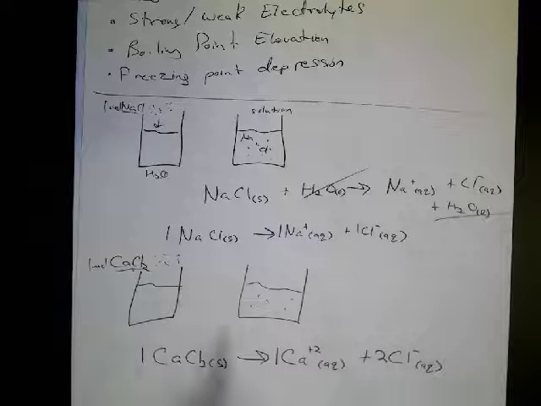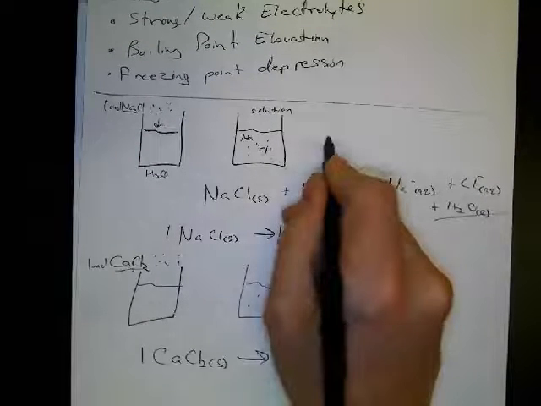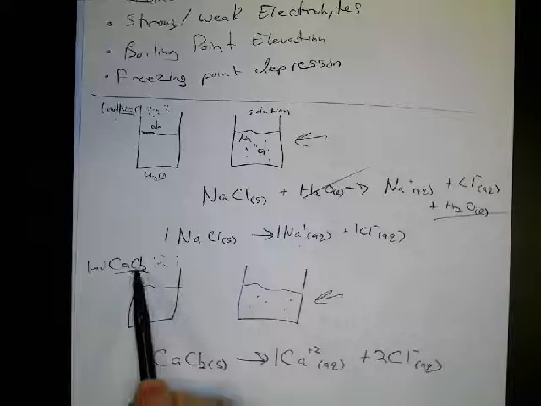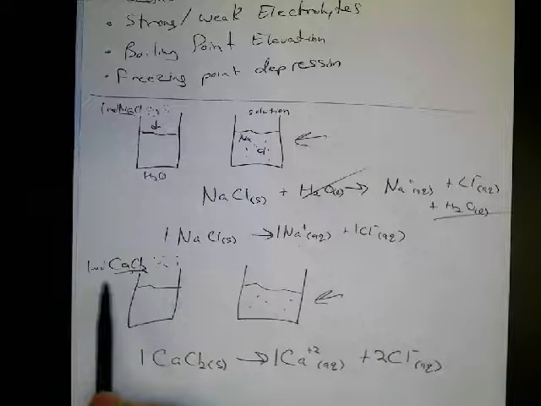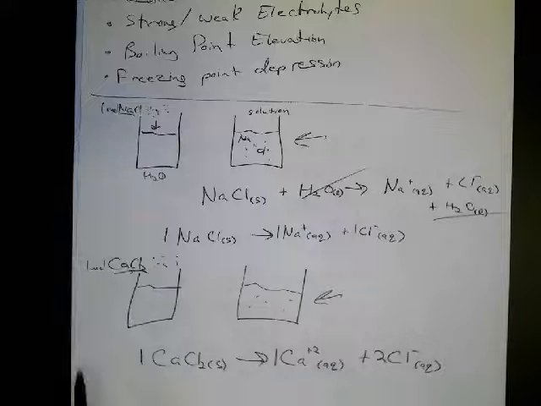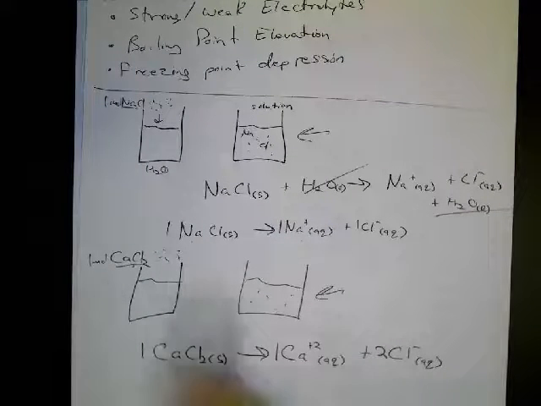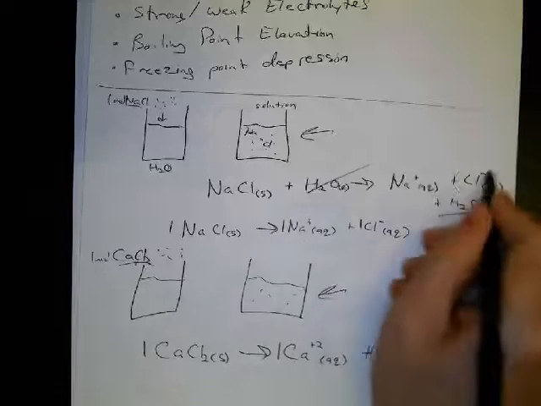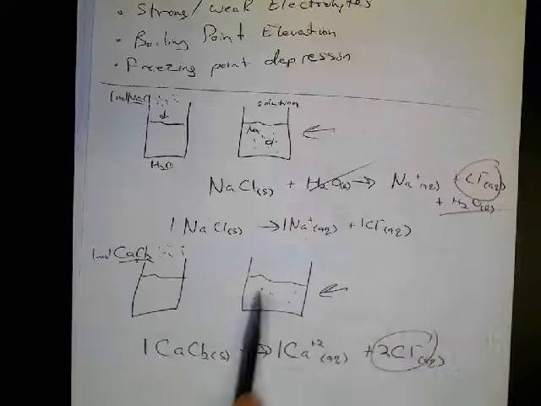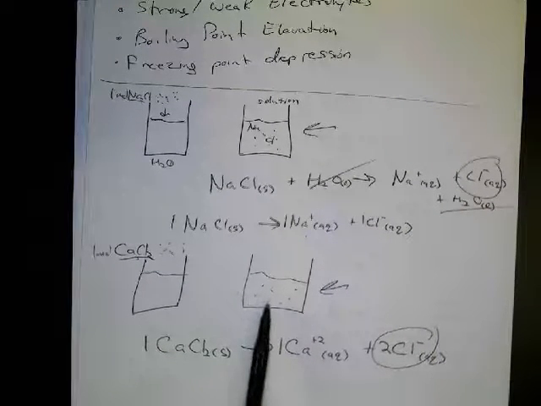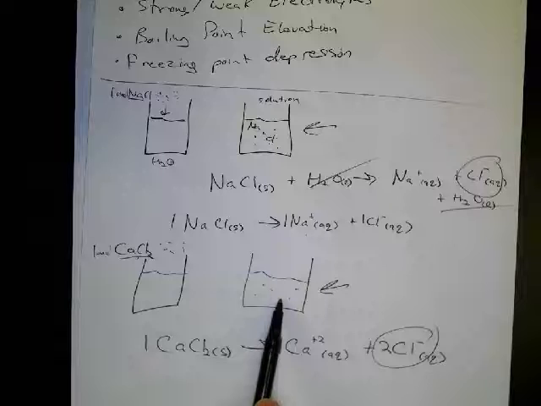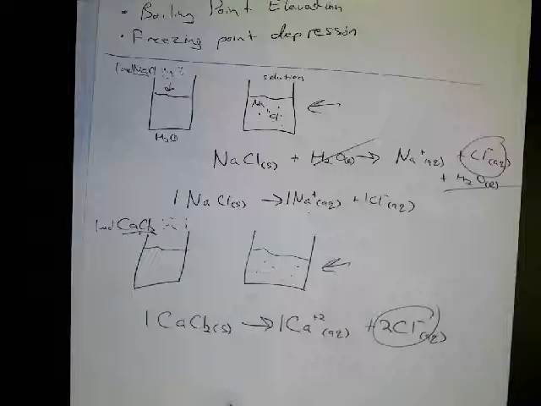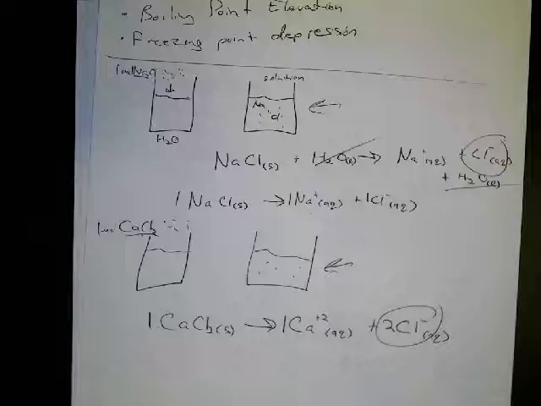But if I looked at this salt solution versus this salt solution, I want you to think about the fact that, even though they had the same amount of moles of each starting material, this salt solution contained twice as many moles of chloride as this salt solution, and thus this salt solution would actually probably conduct a little better because it has an increased amount of ions, and the more ions you have, the better you are as a conductor, usually.